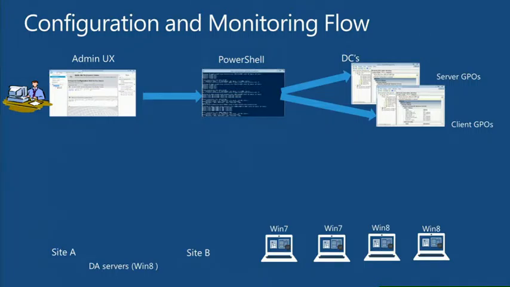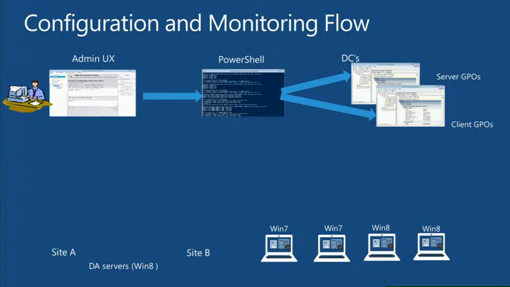You heard some of this in the keynote earlier today in terms of automation using PowerShell. So there is a rich set of commandlets that we've provided for direct access configuration, monitoring, and reporting. So anyway, the UX calls into PowerShell.